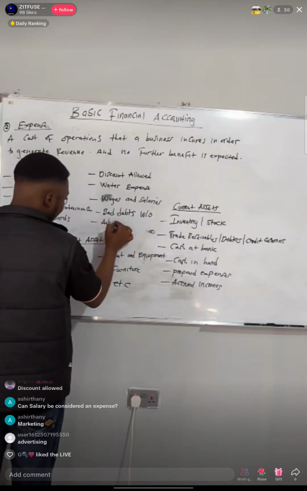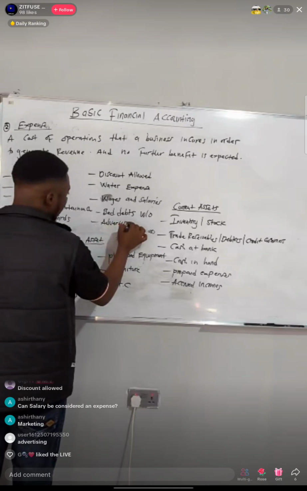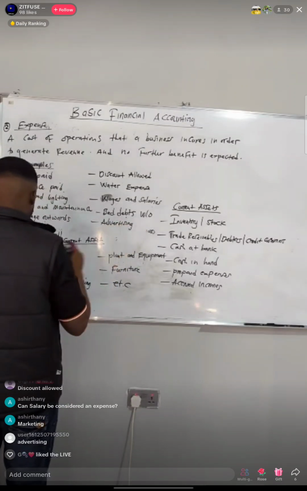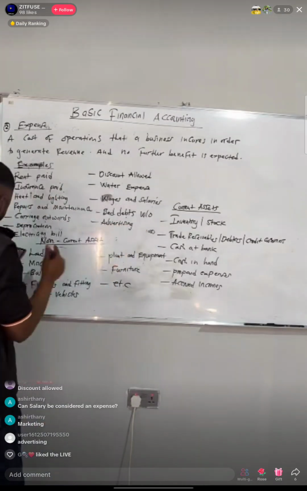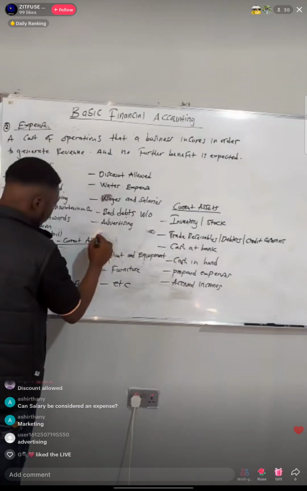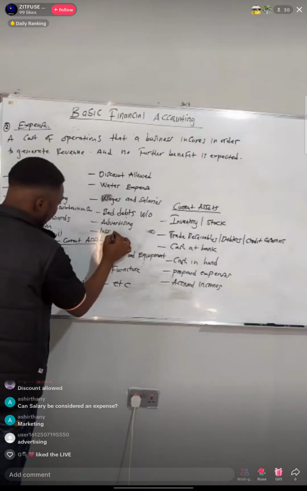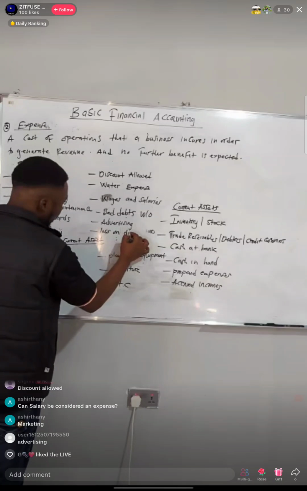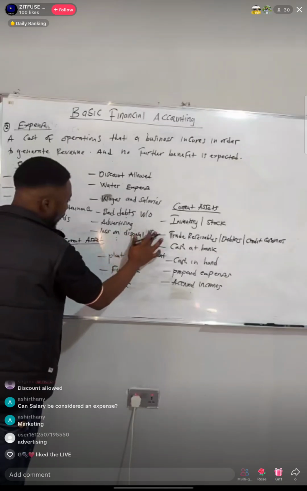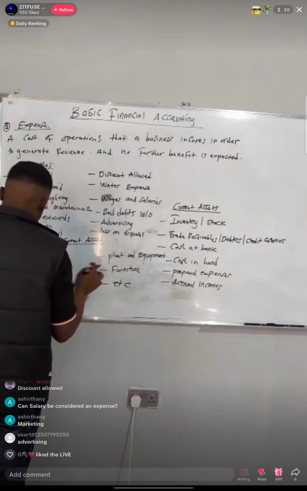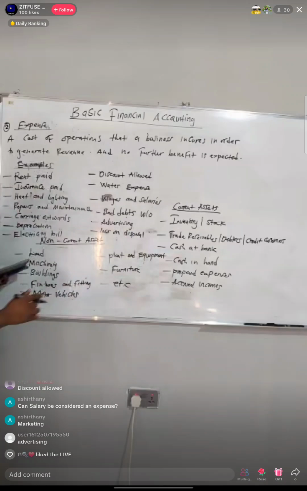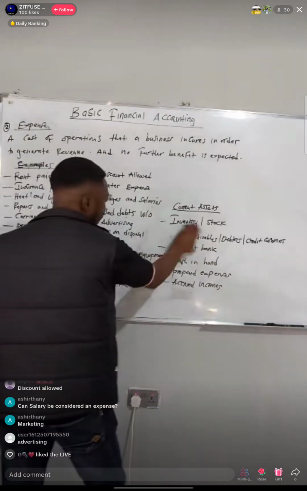We can also put advertising. The other items we can also put, loss on disposal. I hope you guys are writing. You put somewhere to write. Let me just clear this.